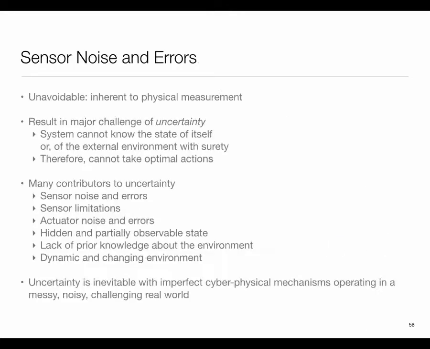Sensors have noise, sensors have errors, and sensors can be attacked and misled. All of these things fundamentally affect the quality with which you can estimate the state of the system. At the end of it, all of this feeds into the uncertainty in our state estimation.